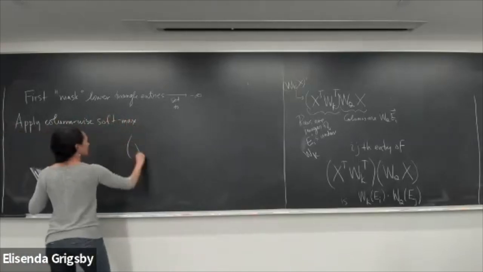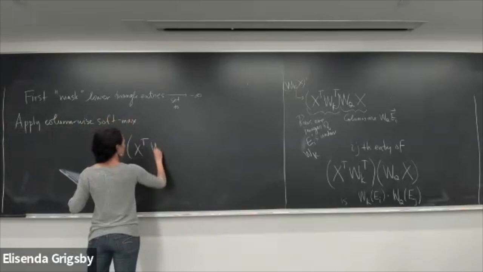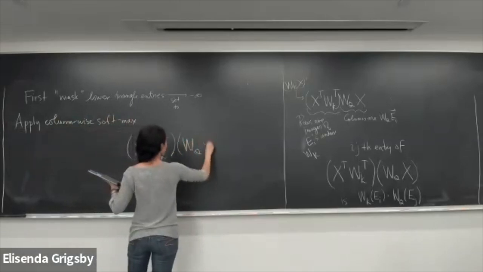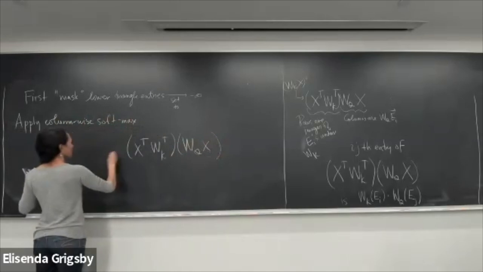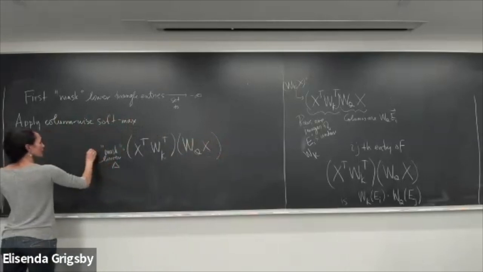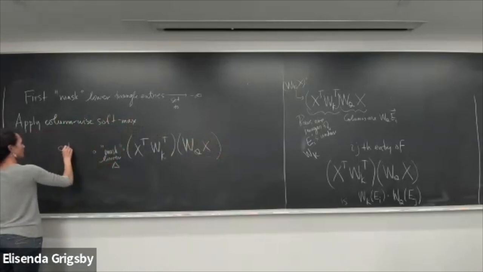So we have this XT. Then you mask. Then you apply a column-wise softmax.